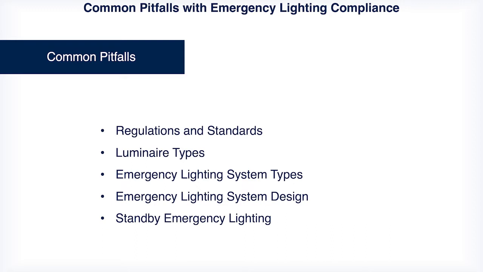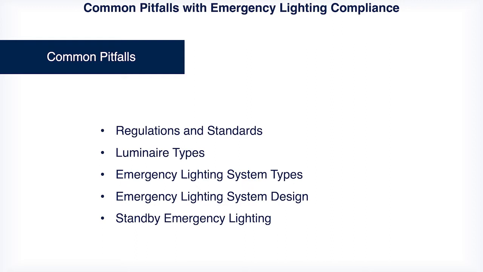Obviously, as with any presentation, we want to show what the learning outcome is, and we've picked 4 or 5 different areas that touch on the various aspects of emergency lighting. First of all, regulations and standards are the starting point, because unlike perhaps traditional, normal mains lighting, emergency lighting has a much stronger regulatory framework to operate in, and so that's very key.